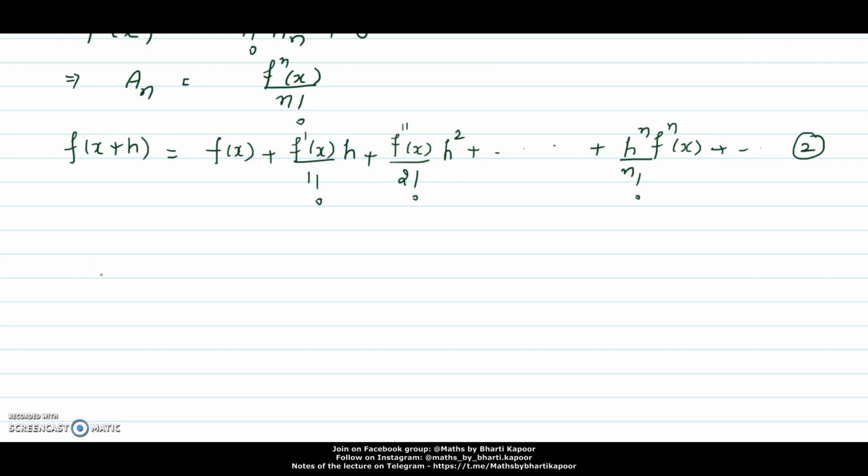Its another form can be obtained by replacing x by a and h by x minus a.